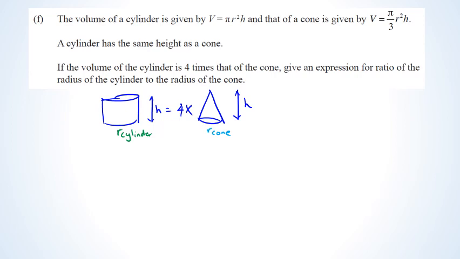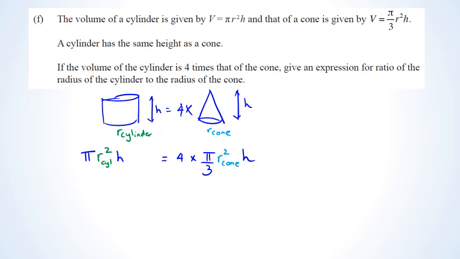So now it's just a matter of writing all the equations down. I will have pi r squared h, which is the volume of the cylinder. This equals 4 times pi over 3 r squared of cone, and the height is also the same.